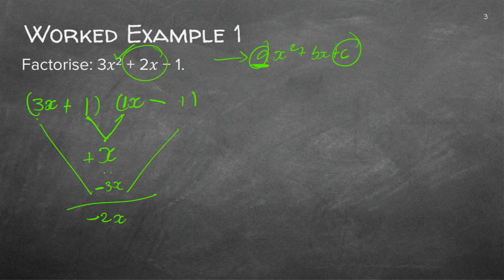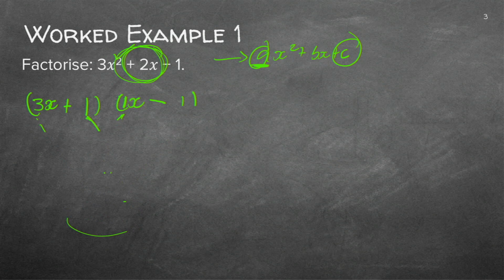And I'm trying to get a positive 2x, not a negative 2x. So it means I go back, I'm very close. Since I'm that close, I will just put different signs there. I'm just going to exchange these signs. So let me remove this one and remove that one.